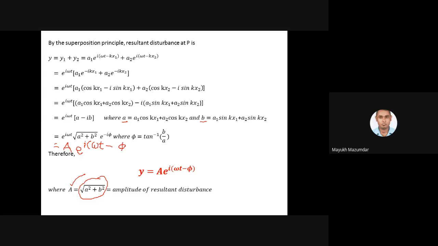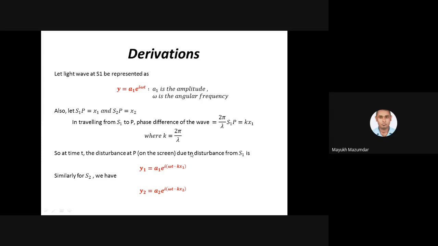Same formula last day we saw, the indices formula: x to the power m into x to the power n is equal to x to the power m plus n. So see, this is the resultant disturbance. Now you might be wondering, why did we do all the substitutions? So that this disturbance looks similar to these disturbances, isn't it?